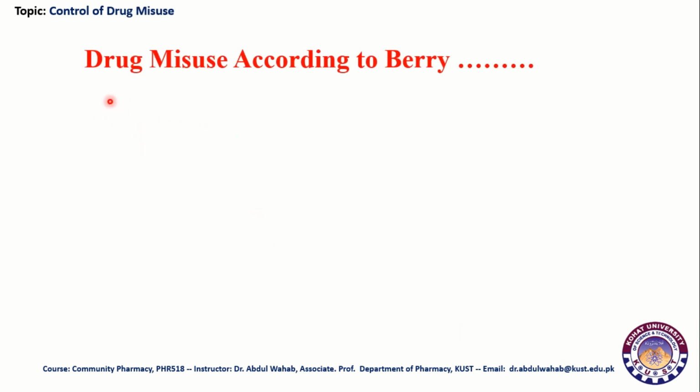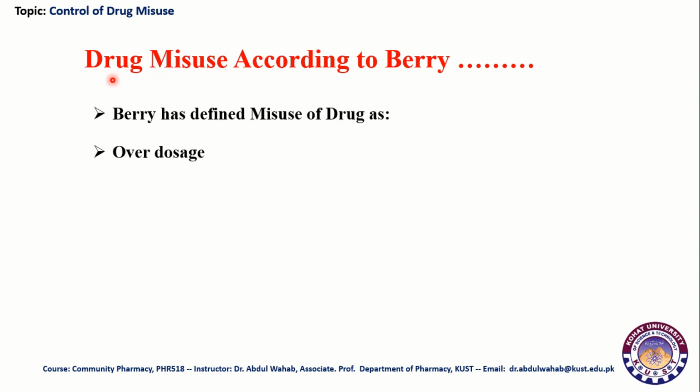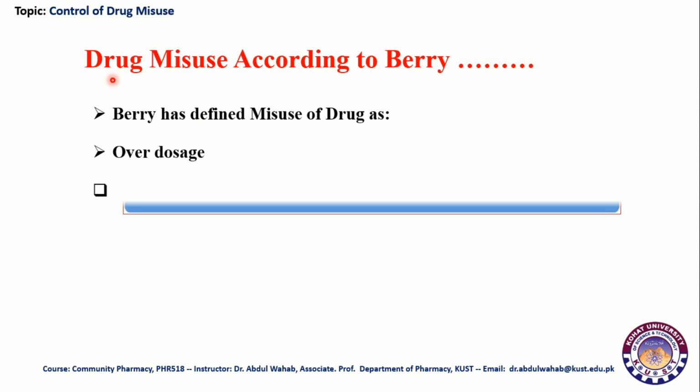Drug misuse according to Berry. Berry has defined drug misuse in detail and has given 10 points. According to Berry, overdosage of any medicine, of any drug, is misuse of drug.